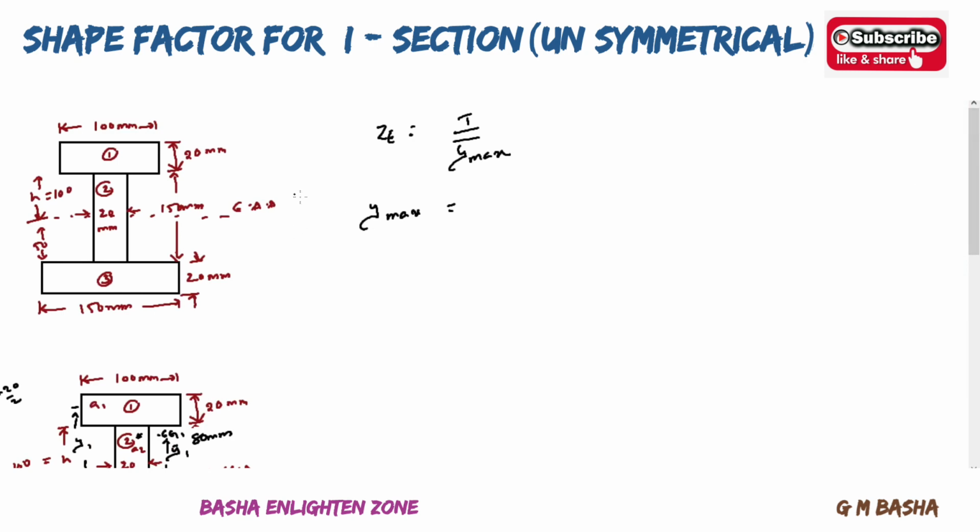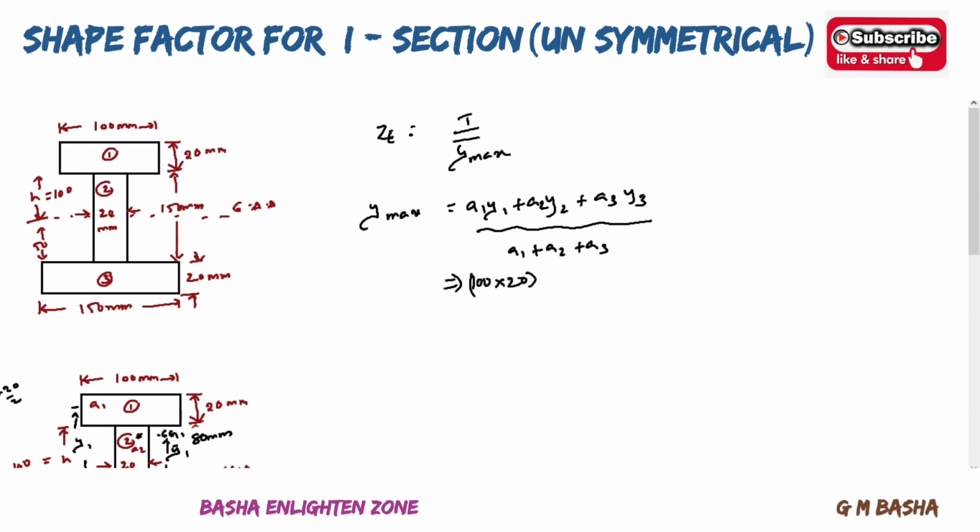So for finding this y max, taking moment of areas about the top, means resolving about the top. For that you will get one formula: a1 y1 plus a2 y2 plus a3 y3 by a1 plus a2 plus a3. So please remember this formula directly. Take down the first section area, 100 into 20.